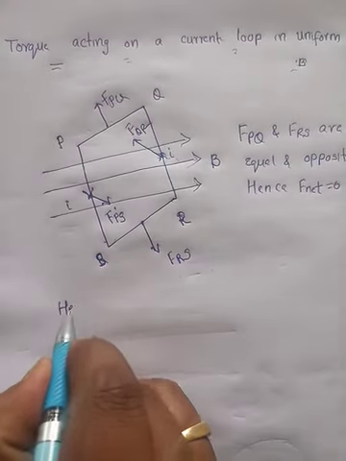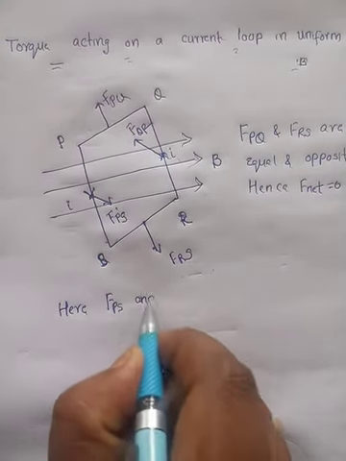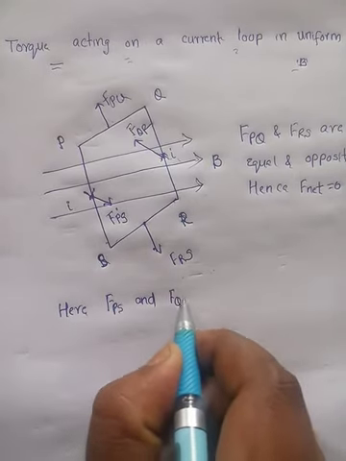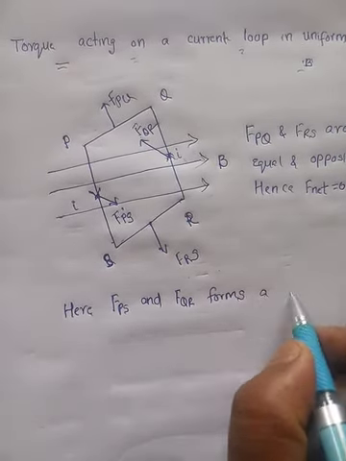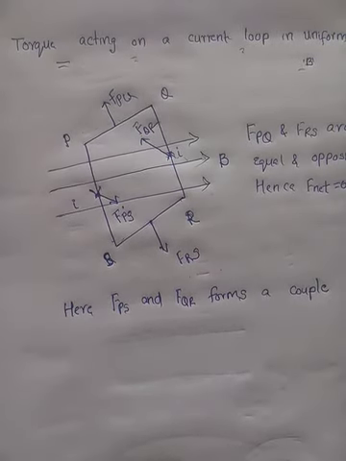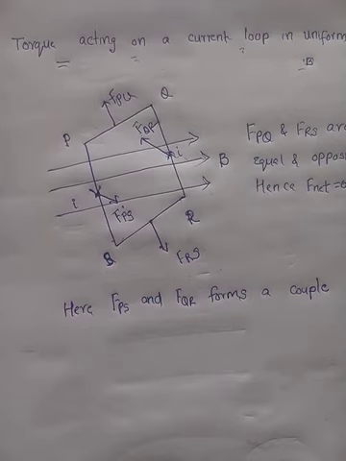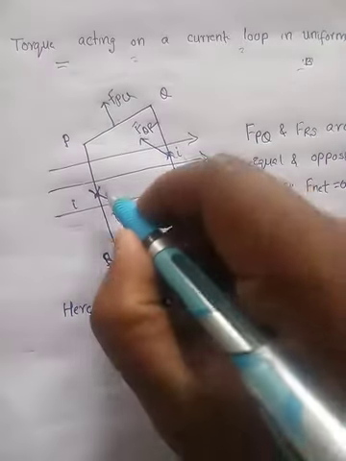So here FPS and FQR form a couple, because both are equal in magnitude and opposite in direction. Let's see how it forms a couple.